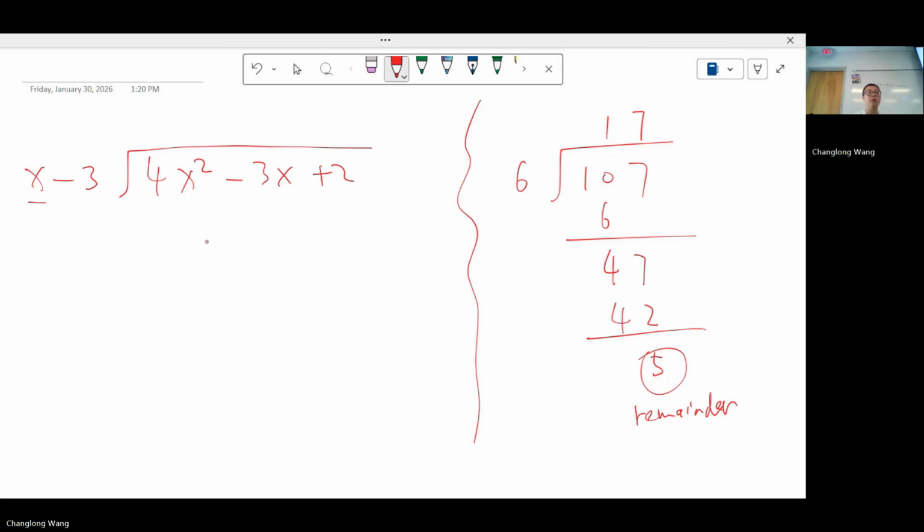What do you get? You still get a 4, right? x squared divided by x, you get x. So now I want you to line up that part of the quotient, which is 4x, with the term in the dividend that has the same exact power of x. It's not something you have to do, but you'll benefit from doing that because your work will be so organized, and if you do make a mistake, you'll be able to catch it right away, right?